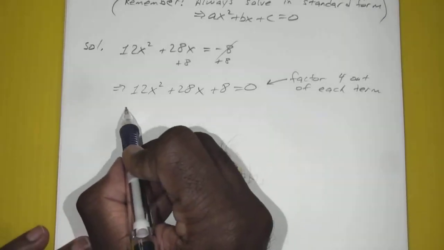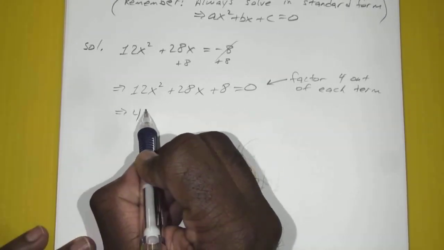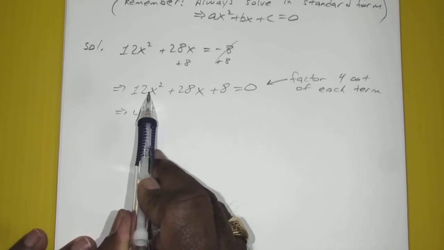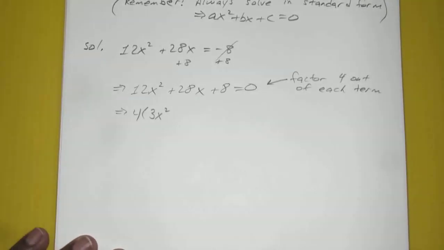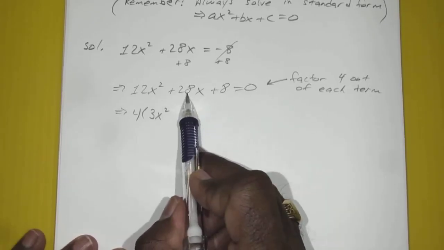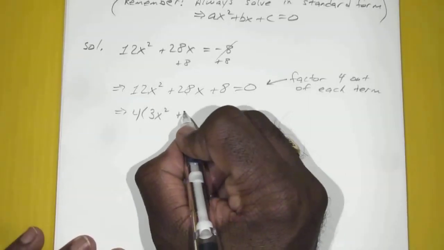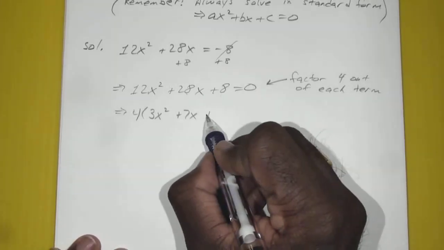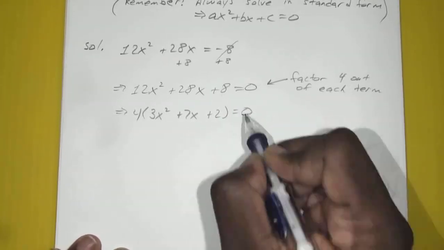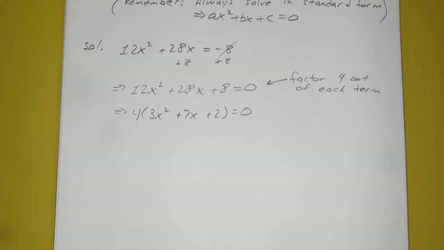Okay, so if we factored out a 4, 4 times 3x squared will give us our 12x squared. 4 times 7x will give us our 28x. And 4 times 2 will give us our 8. Okay.